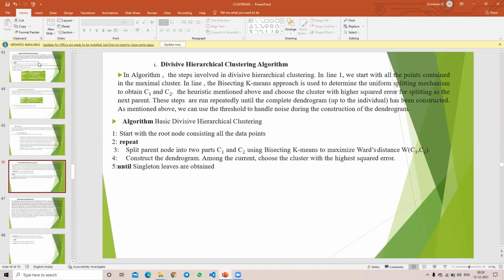What is the basic divisive hierarchical algorithm? Start with the root node consisting of all the data points.